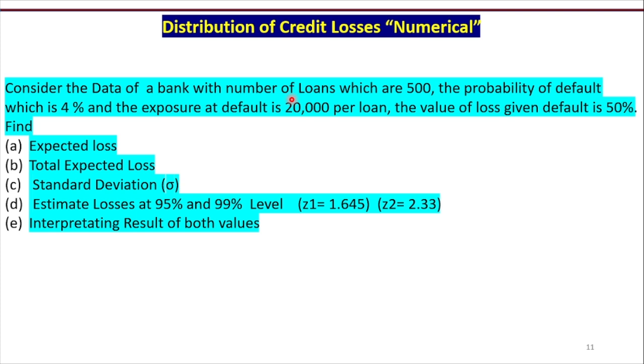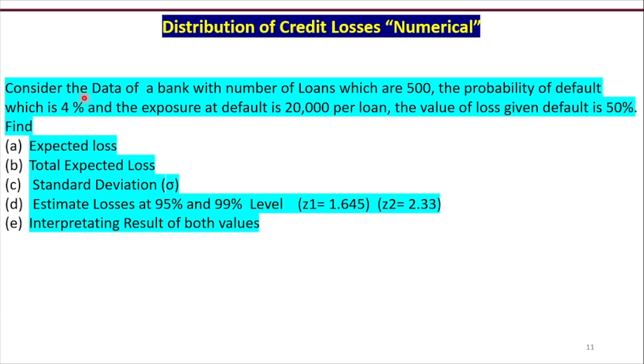If you are able to write the data correctly, then there is a 50% chance that you can find the correct answer of the numerical. If you are not able to catch the numerical question, then you are not able to solve it.